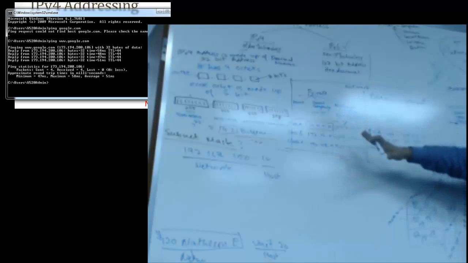The routers are automatically aware of this. First of all, they take the destination IP address. So it needs to send something to this address, and this packet needs to be delivered to this machine.